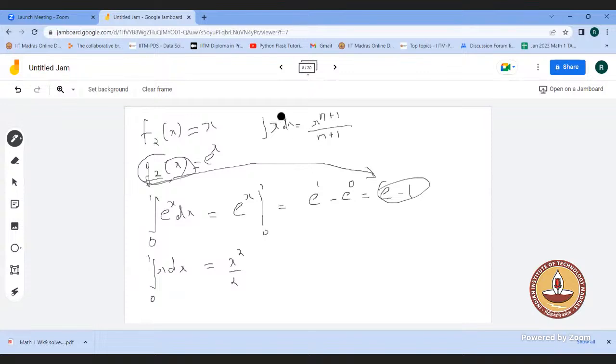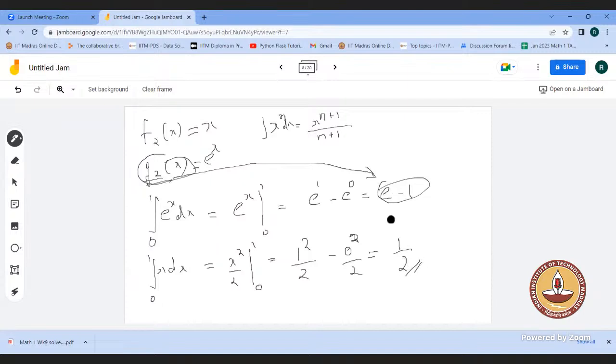Here n is 1, so it is x power 1 plus 1 by 1 plus 1, which gives x square by 2. In the interval 0 to 1, this will be 1 square by 2 minus 0 square by 2, so this will be 1 by 2.